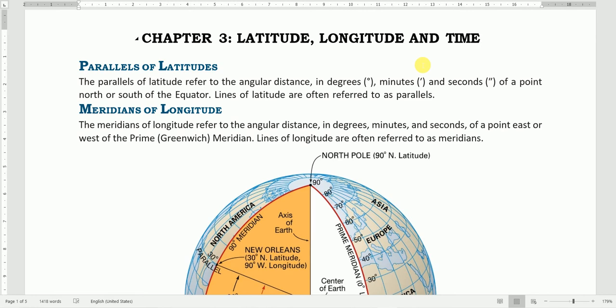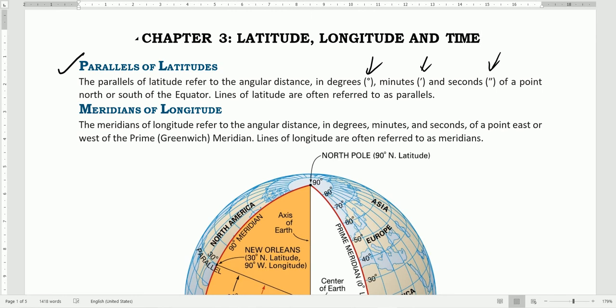Okay, see, I think you may be familiar with the terms like parallels of latitude and meridians of longitude. So, what do you mean by these parallels of latitudes? Let us read. The parallels of latitude refer to the angular distance in degrees, then minutes and seconds, of a point north or south of the equator.